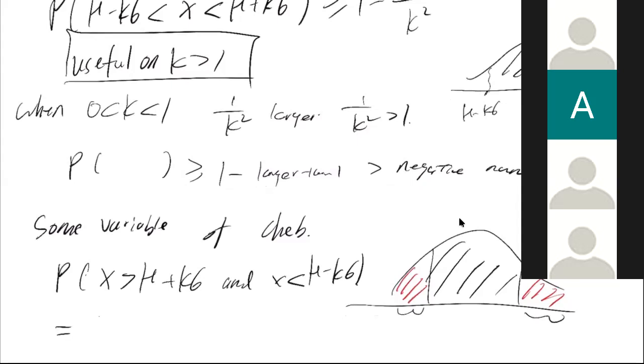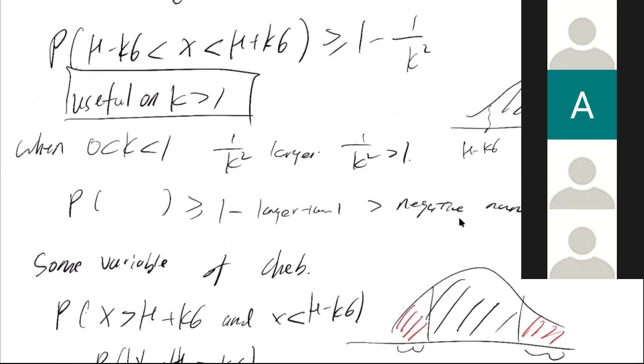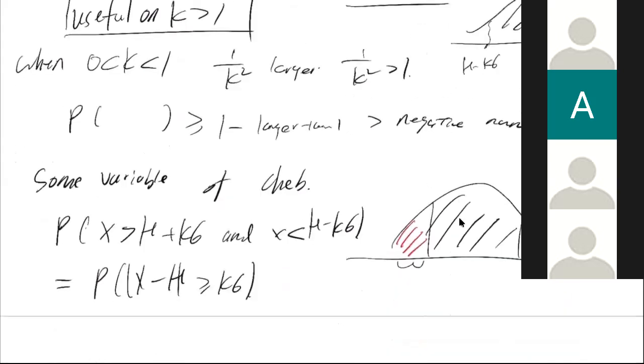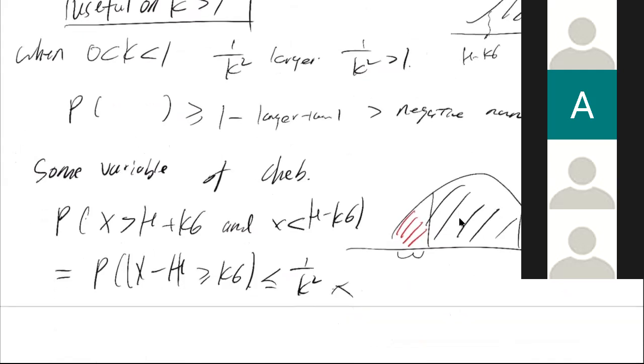So we can write it as the probability of absolute value of x minus mu greater or equal to k sigma. This is just the complement of the original equation. We have the middle part being at least 1 minus 1 over k squared, which means the tail bound is at most 1 over k squared. In fact, I think this is used a lot more than the actual definition of Chebyshev.